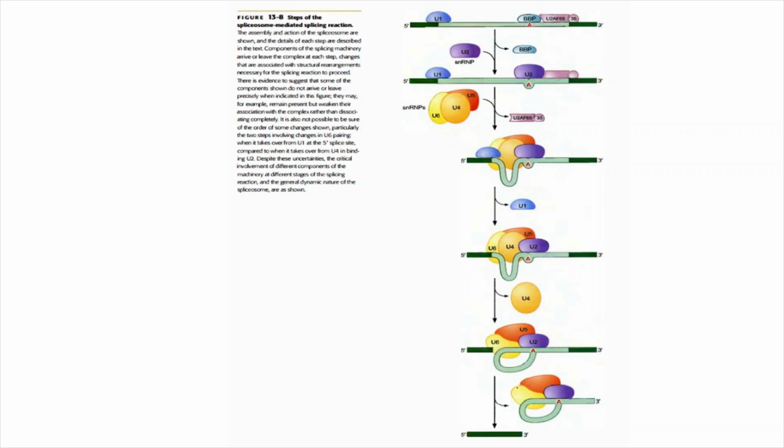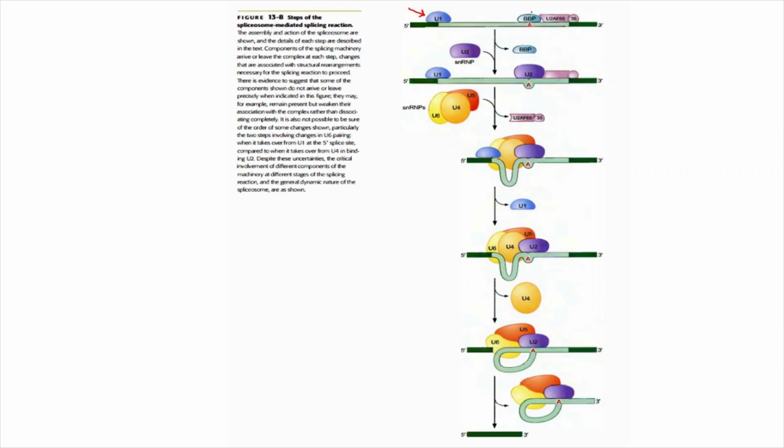Now let us see the individual proteins which actually bring about this splicing reaction. So first, as you can see in the first figure, there is a protein called U1 SNRNP, which is sitting at the junction of the 5' intron exon boundary. SNRNP stands for small nuclear ribonucleoproteins.